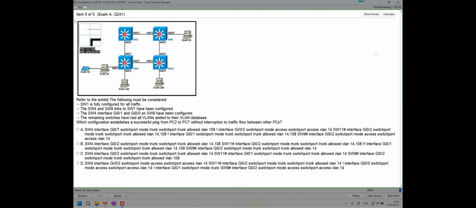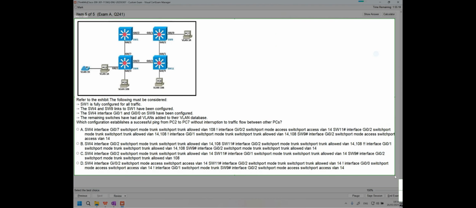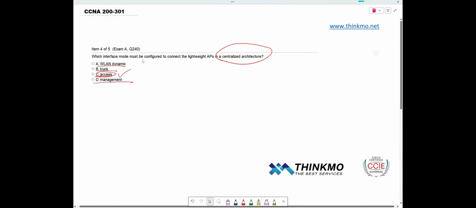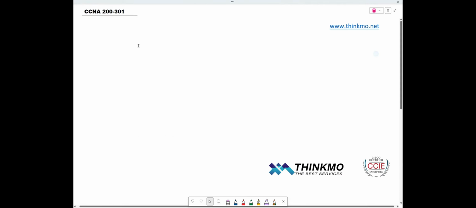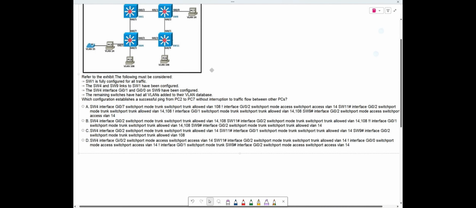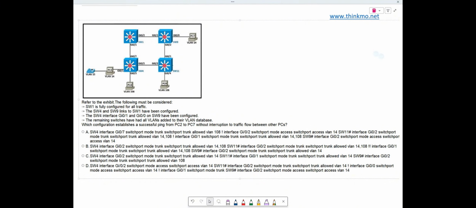Alright, question 5. This question is a bit long. It says to refer to the diagram, and then gives 3 conditions. These conditions are for all traffic. The first condition is to perform a complete configuration for all traffic.